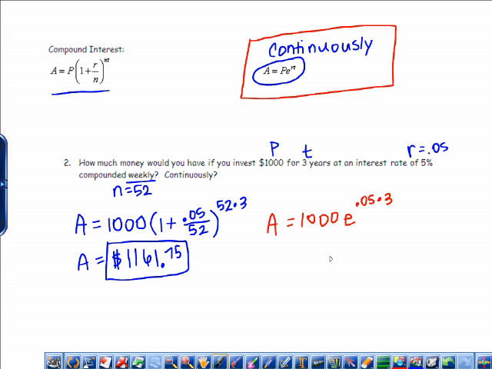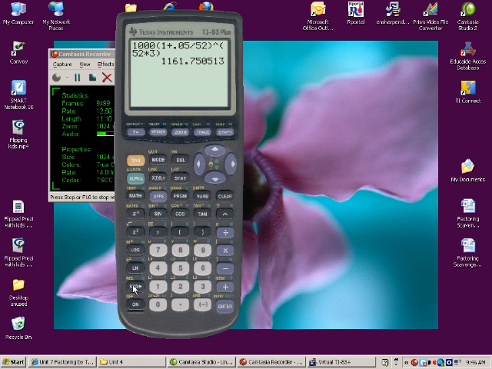There's no N because it's compounded continuously. So let's type that into our calculator: 1,000 E, and again, use this E down here. It'll automatically open the parentheses after the caret, which is nice. And notice that it was just a little bit more. May not seem like a big deal. It went from 75 cents to, we'll say, 83 cents.